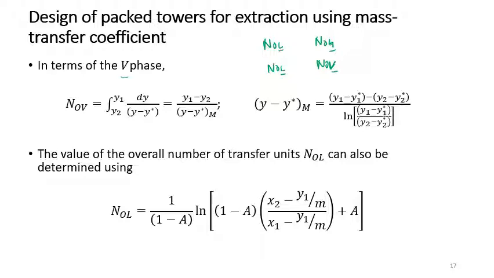Normally V is the solvent phase and L is the carrier phase. As I said, you have to identify whether your solute is transferring from the L phase to the V phase or from the V to the L phase. Then you can just modify the type of equations that you use to adapt to the LLE process.